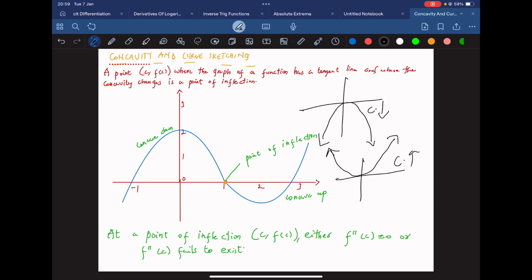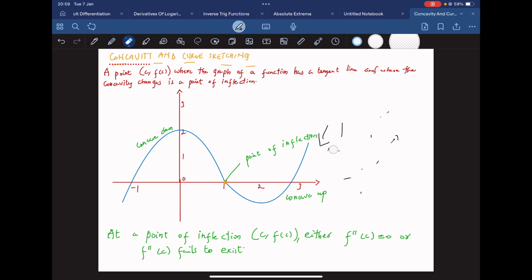So we are going to use this idea to sketch any function that we are being given. Now quickly, let us go ahead to solve some questions involving concavity.